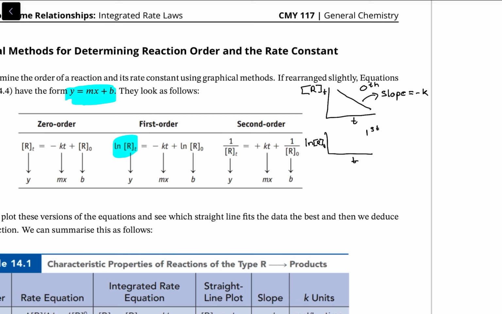Notice all of these have kt, so that's why you choose time for the x-axis in each case. It should give you a straight line, and its slope will also give you minus k, because again, the m was minus k.